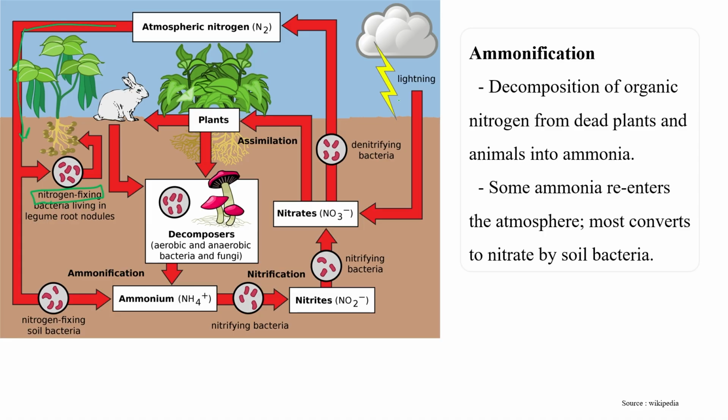And decomposition means conversion of organic nitrogen into ammonia, this is known as ammonification, right? And then conversion of this ammonia into nitrite, then further nitrate, this is known as nitrification. Clear?